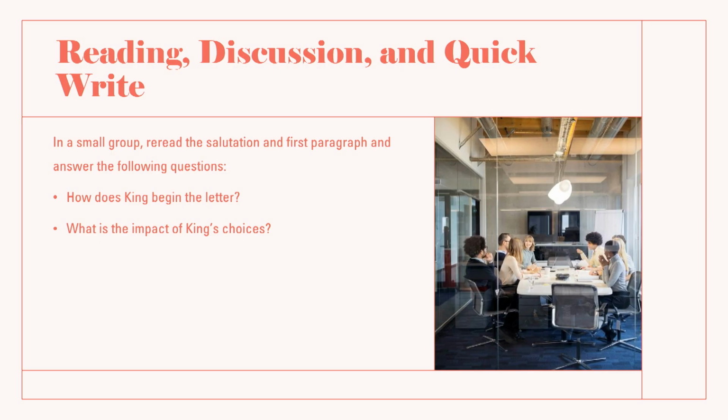There will be times where I will ask you to get with a partner or a small group. Right now, I want you to reread the salutation and the first paragraph with a small group and answer the following two questions. How does King begin the letter? And what is the impact of King's choices so far, just in the salutation and paragraph 1?